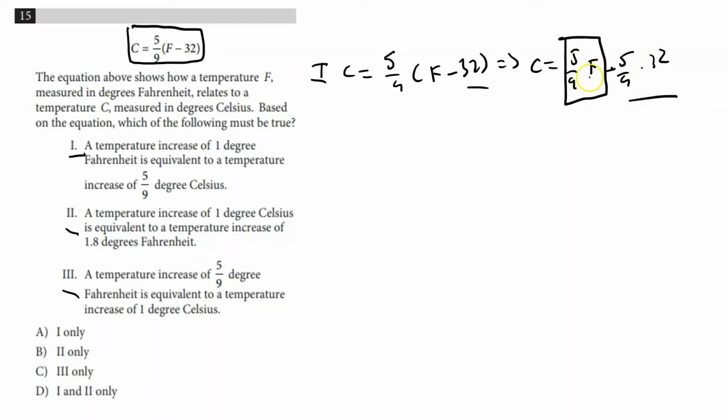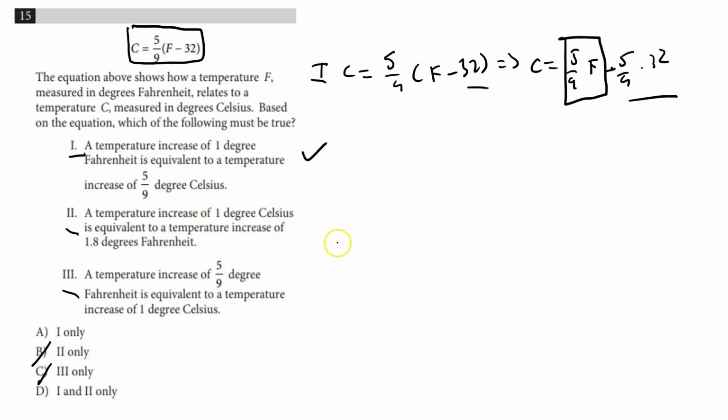So if we plug in 1 degree Fahrenheit, like the statement asks, what are we going to get as the increase in Celsius? 5/9, right? Because 5/9 times 1 is just 5/9. So statement 1 is correct. So we can cross out B and C, and then we can look at statement 2.